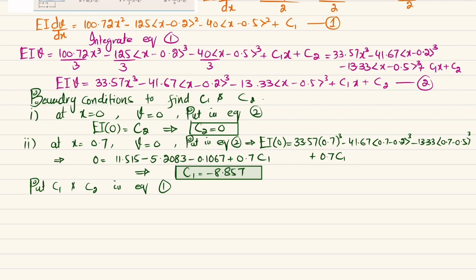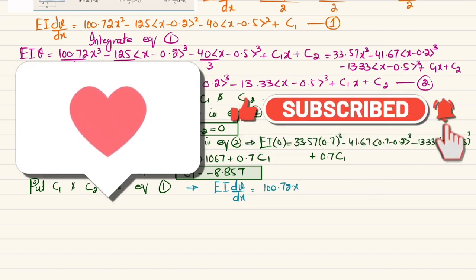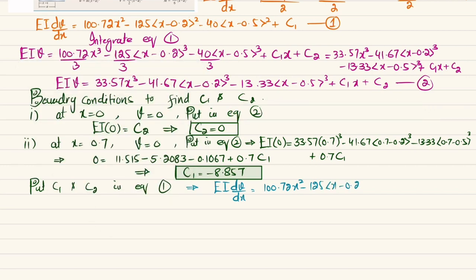When you put it in equation number 1, dV/dx is equal to 100.72x² − 125⟨x − 0.2⟩² − 40⟨x − 0.5⟩² + C1, where C1 is −8.857.